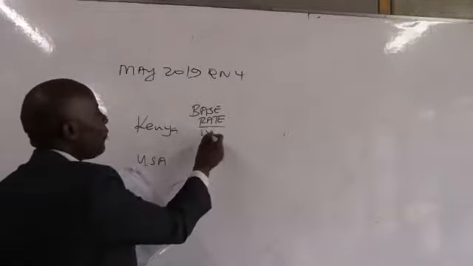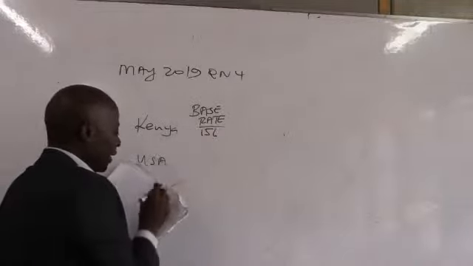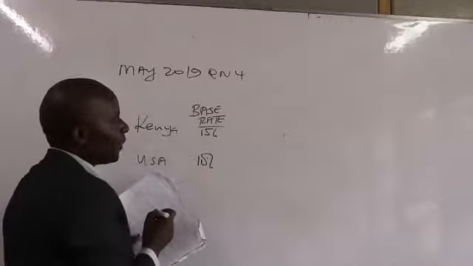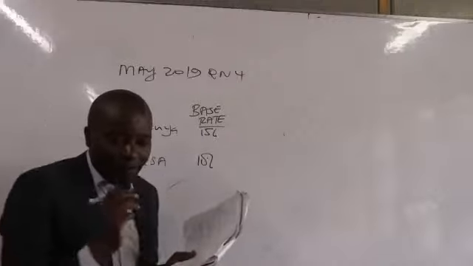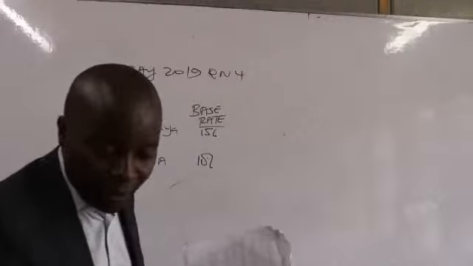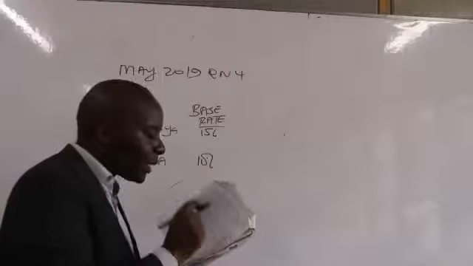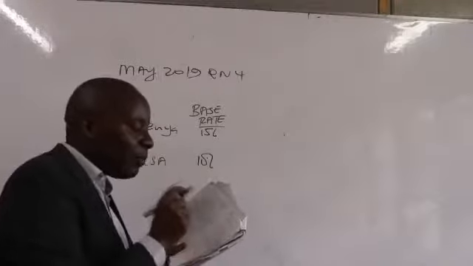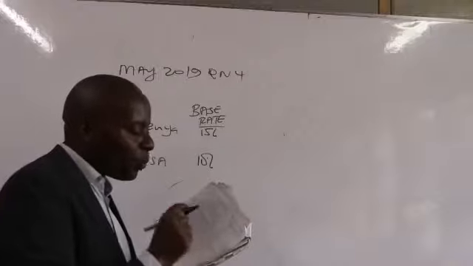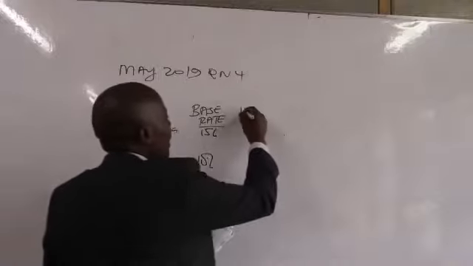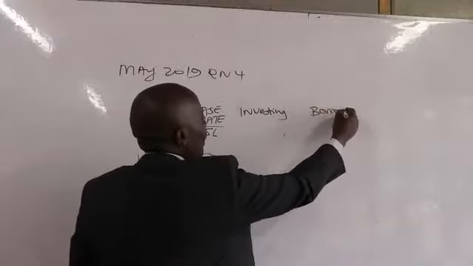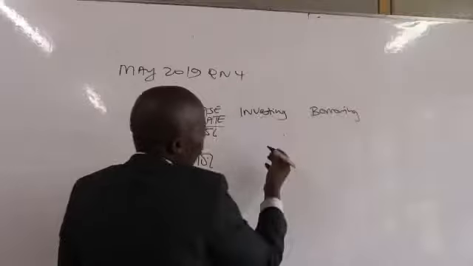So Kenya 15% base rate, and the US 10%. Then in note number 1, we have 2 rates: the investing and the borrowing.